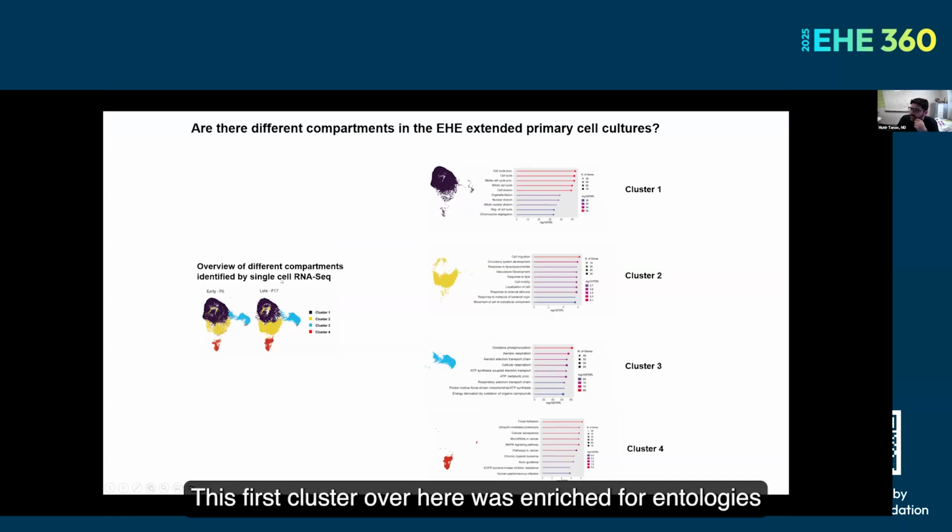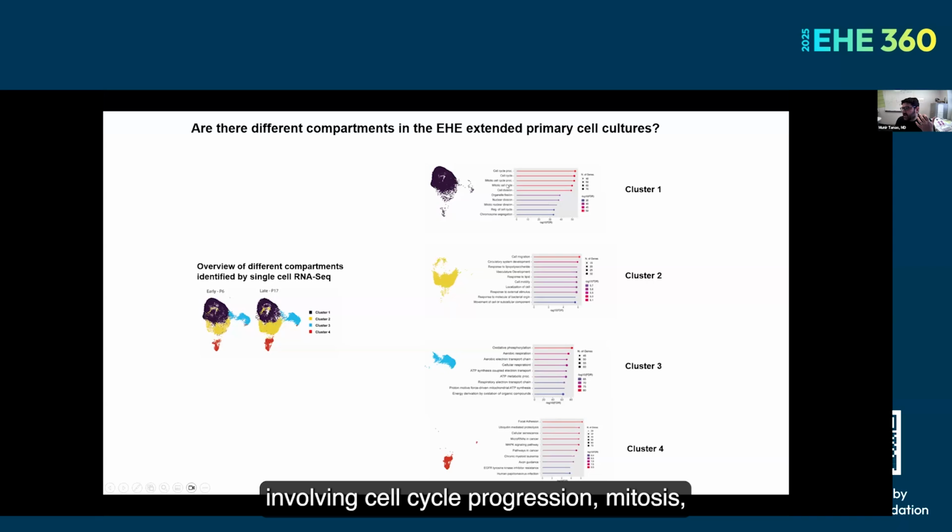This first cluster over here was enriched for ontologies involving cell cycle progression and mitoses, while these 2 clusters, clusters 3 and 4, showed more of a senescent phenotype by pathway analysis. The second cluster over here showed features of endothelial vascular development as well as cell migration.